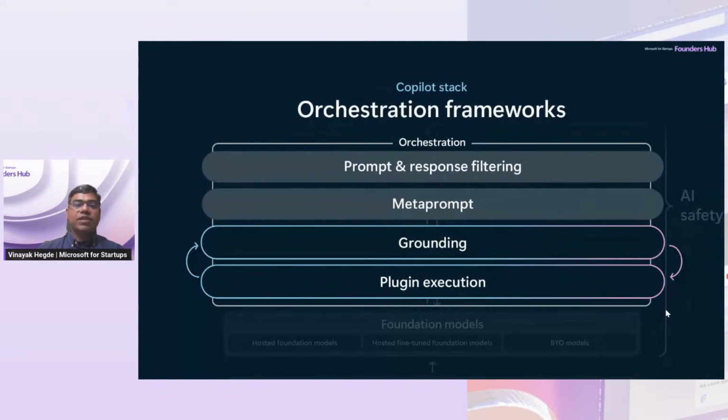The orchestration framework, in some sense, is the heart or the business model of your application, right? You can use, for example, Semantic Kernel, which we have open sourced and is for orchestration. There's also LangChain, which is also very popular, and which is again open source that you can use for your orchestration.